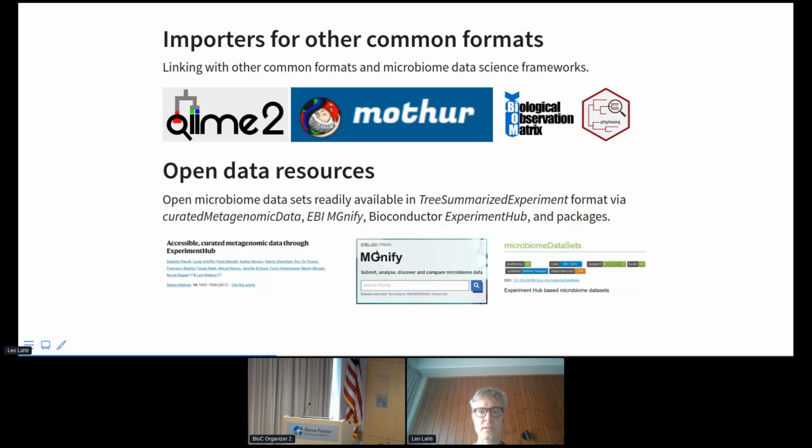So, for instance, the independent projects on curated metagenomic data and Magnify API, and then some Bioconductor packages and Experiment Hub. These provide collectively hundreds or even thousands of open source microbiome datasets that can be directly accessed by using the tools that support this ecosystem. So we can use this for demonstration purposes and research purposes quite efficiently.